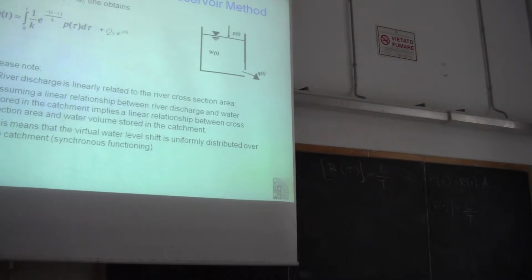So if you make an analysis of the dimensions of this relationship on the left-hand side and right-hand side, you recognize that indeed PT must be a volume of rainfall over the catchment per unit time.